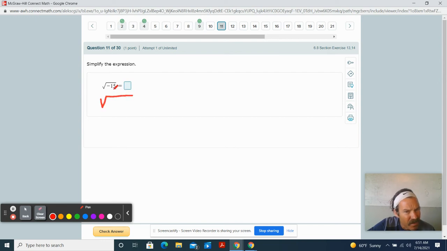Now, 15 is not a perfect square like 36 was, so this is just negative 1 times 15. 15 can only be written as 3 times 5. 3 and 5 are not perfect squares, so the only thing you can do here is take out the square root of negative 1 as an i.